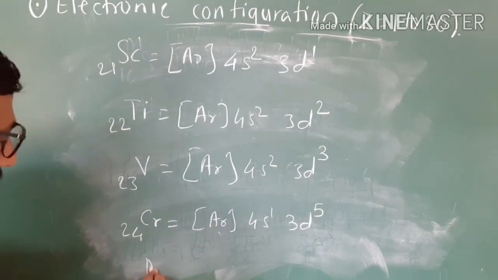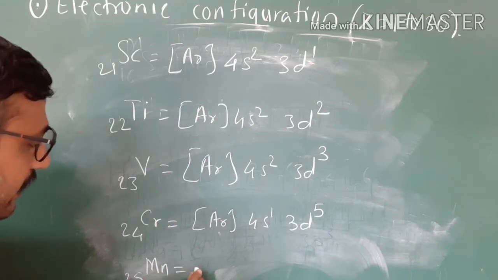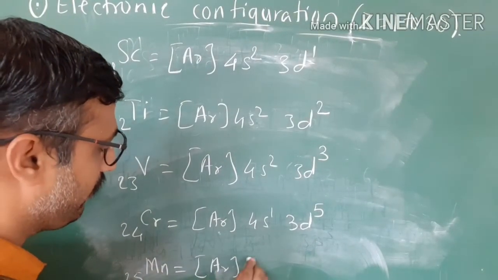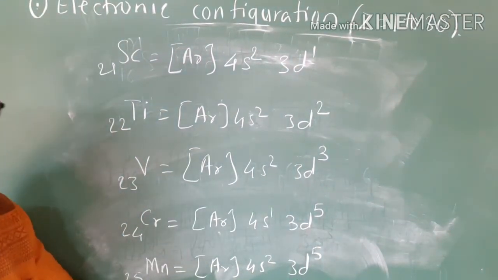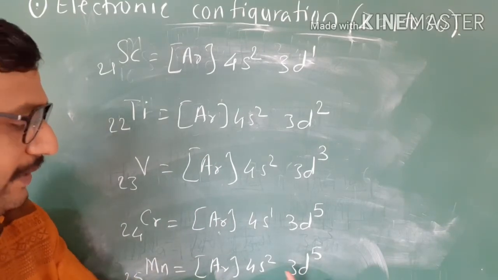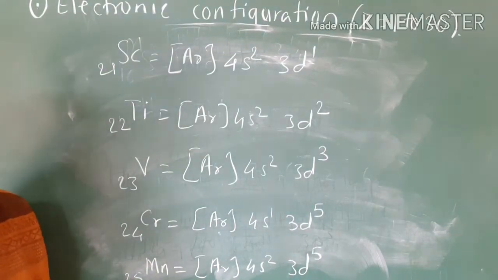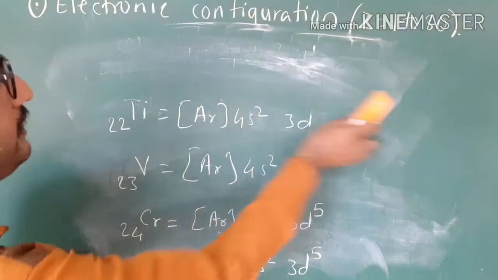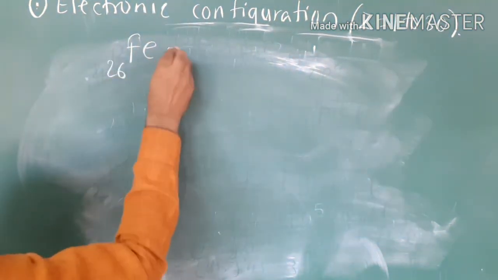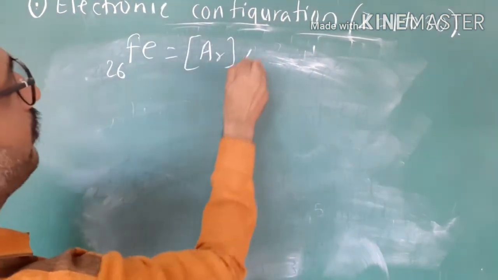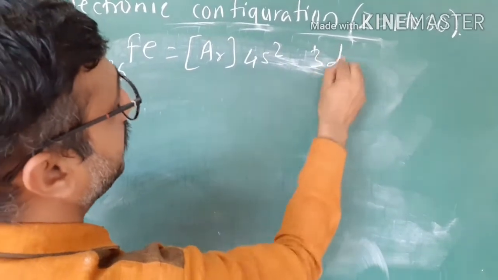After chromium, manganese, atomic number 25, electronic configuration is argon 4s2 3d5. You know that the d subshell is made up of 5 orbitals, isn't it? So each orbital has one unpaired electron in the case of manganese. Okay, don't forget up to manganese. Now the next one, 26th, is iron. Iron, atomic number 26, electronic configuration is argon 4s2 3d6.